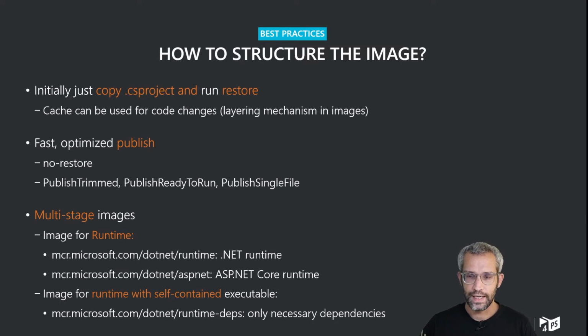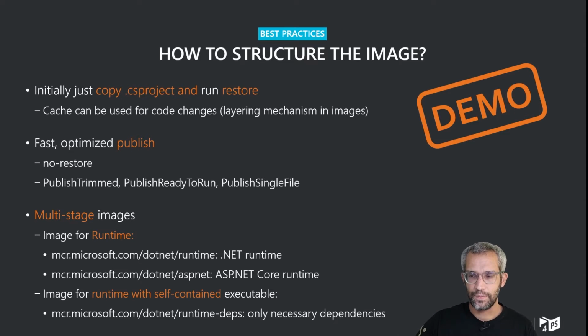We have the ASP.NET image, which contains the ASP.NET Core Runtime. And if we publish our application as a self-contained executable, which we will do, then we can also use the runtime dependencies, which only contains the necessary dependencies for our application. And that, as we will see, will even bring down the size of the resulting image.